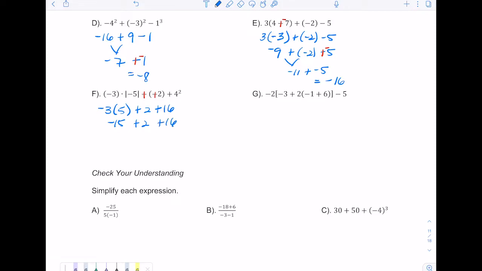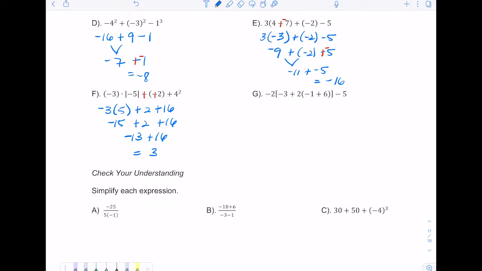I've got addition next to each other. You're just going to go left to right. So -15 plus 2 is -13. Bring down the plus 16. The signs are different. I'm going to subtract. 16 minus 13 is 3, and take the sign of the bigger number. So the answer is 3.